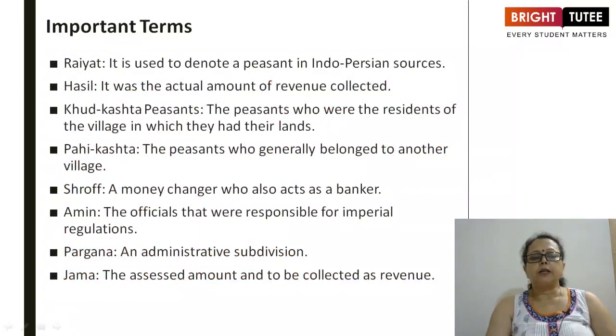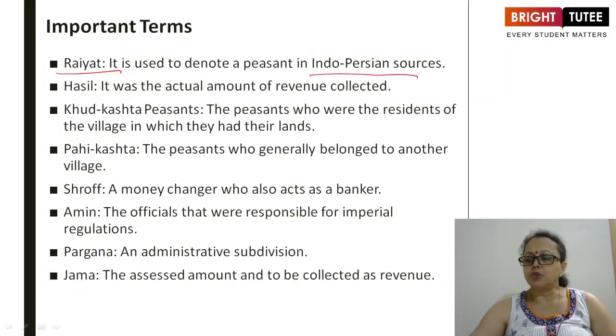Some of the important terms of this chapter are these. Rayat is used to denote a peasant in Indo-Persian sources. Hasil, it was the actual amount of revenue collected. Khud Khasta, the peasants who were residents of the village in which they had their lands.